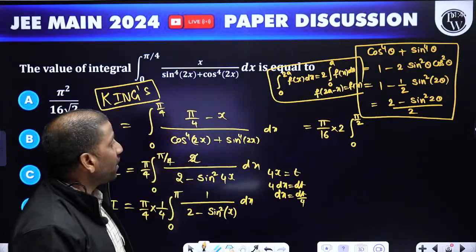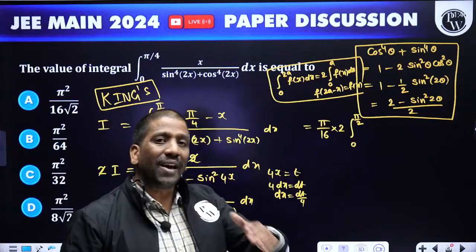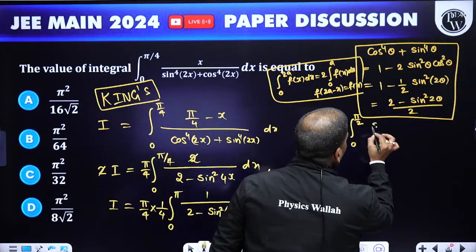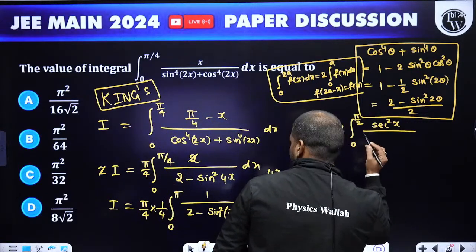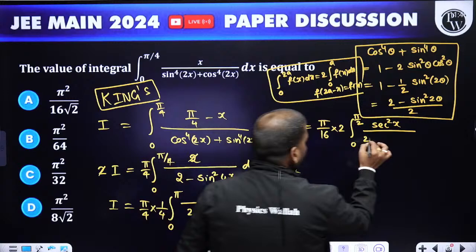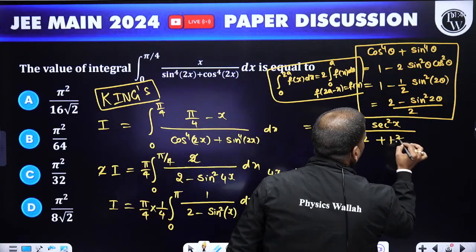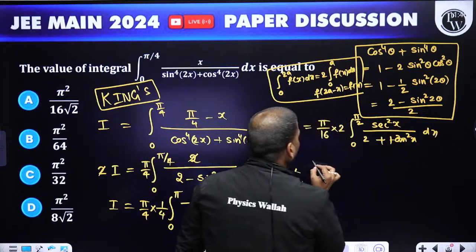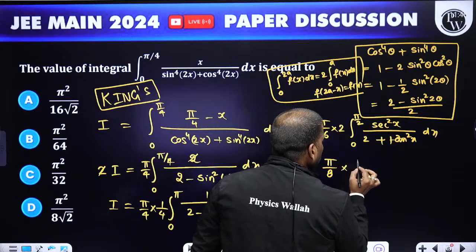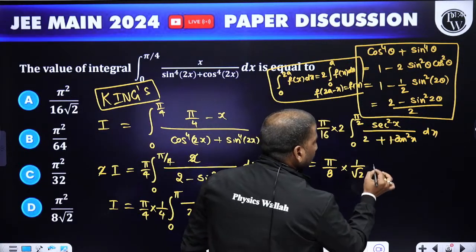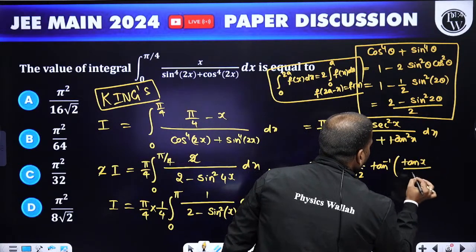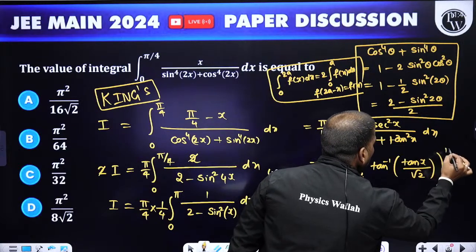So many questions we practice. Now, when we have 1 by a square sin square x plus 1 by b square cos square x, generally what we will do, we multiply by secant square x. Secant square x by 2 secant square x, that means 2 plus tan square x. Direct formula, pi by 8, 1 by root 2, 1 by a tan inverse of tan x by a, where a means root 2, limits 0 to pi by 2.